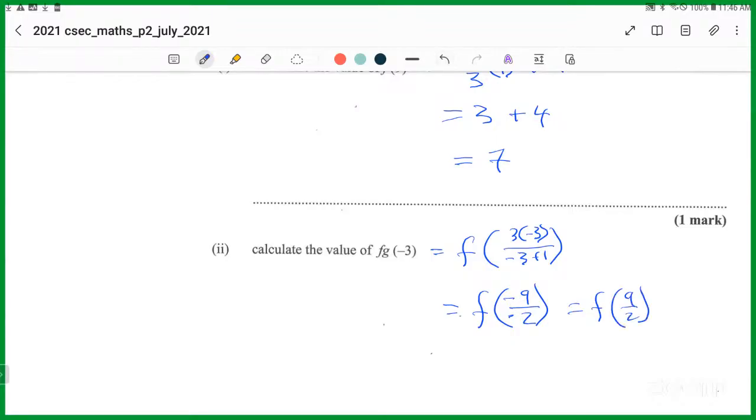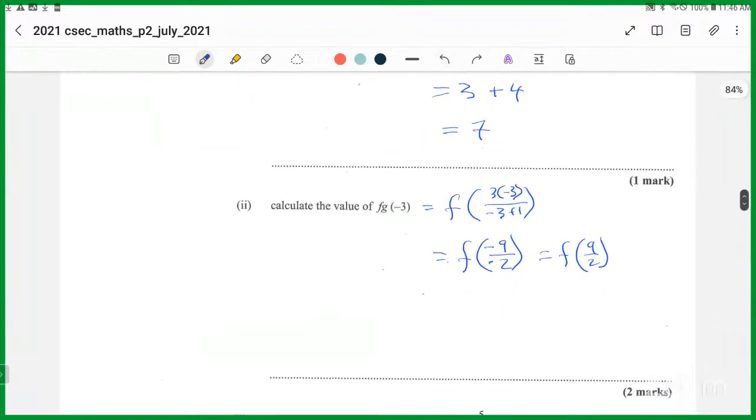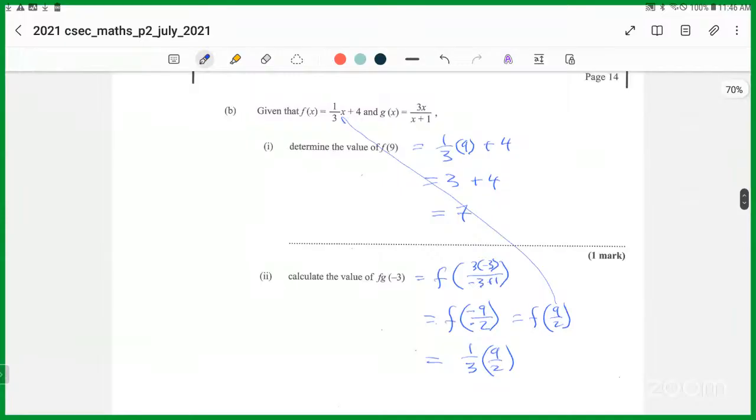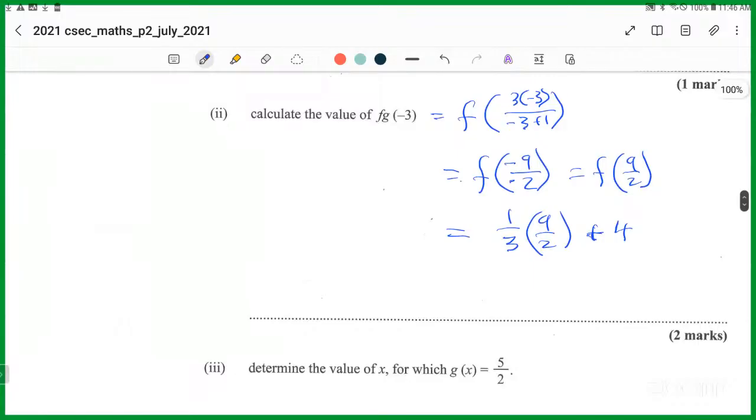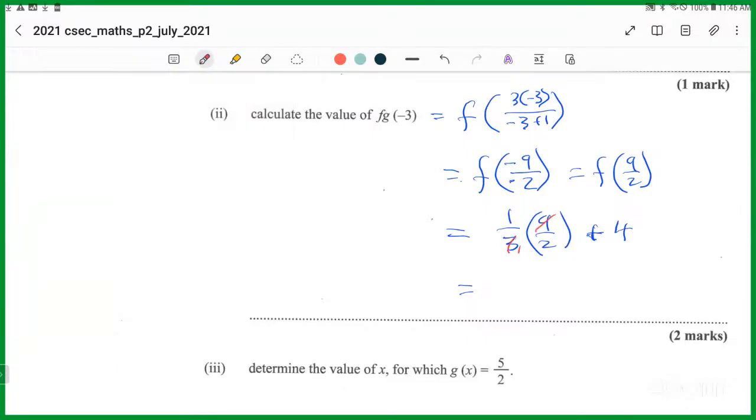Now f of 9/2 means that we'll put 9/2 in the f function right here. So it becomes 1/3 times 9/2, plus 4. And then what does this work out to? 3 into 3 goes 1 time, 3 into 9 goes 3 times.